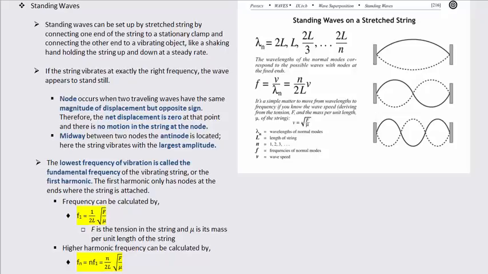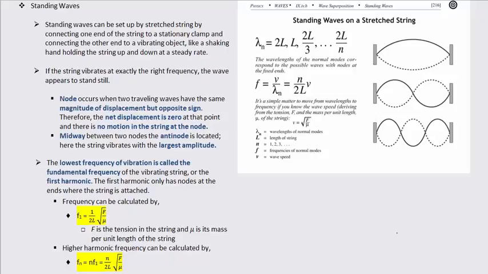In our figure to the right, our first string is an example of the fundamental frequency, or the first harmonic, where the node is located only at the ends where the string is attached.